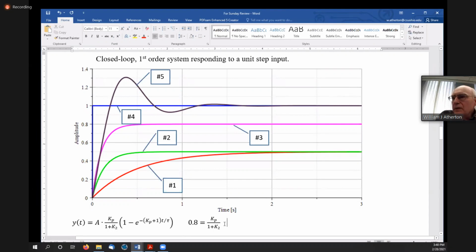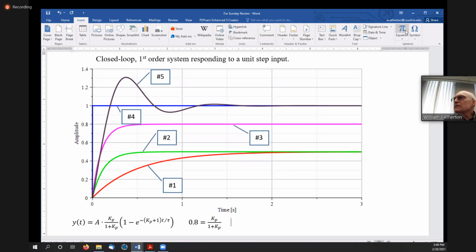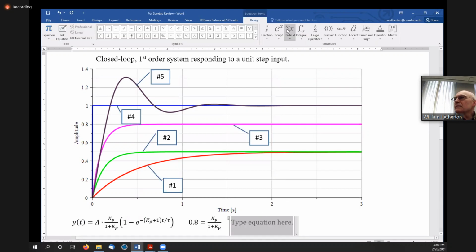Let me see, we got 0.8 plus 0.8 times KP, not K2, KP. So if I can do the algebra in my head, which is pretty risky.